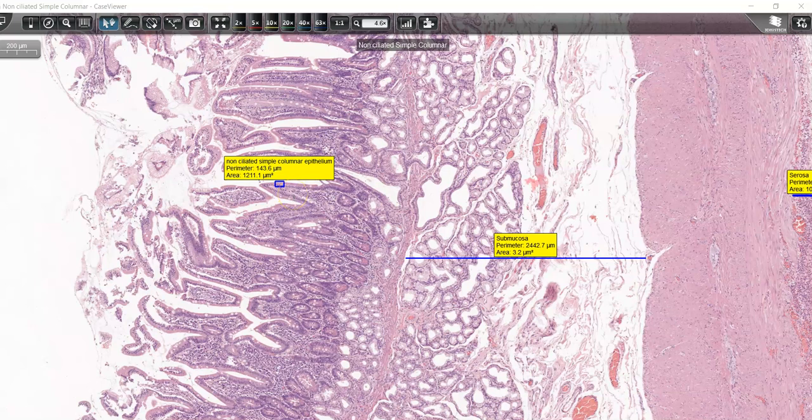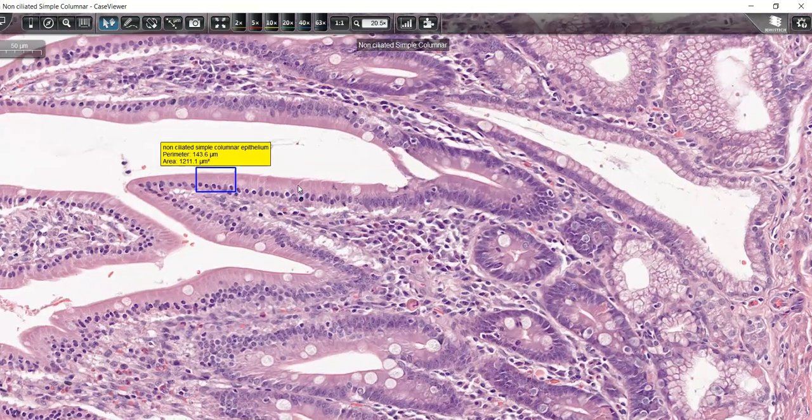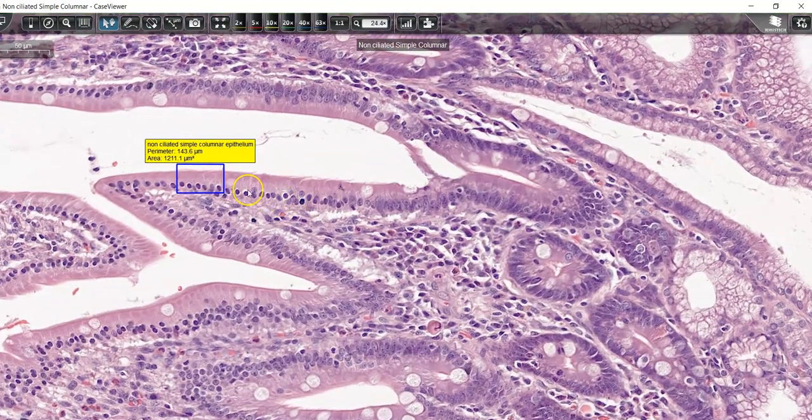Okay, now focusing on the epithelial fold of the duodenum or any small intestine. The interesting part of this epithelial fold of small intestine is that it is comprised of two types of cells.